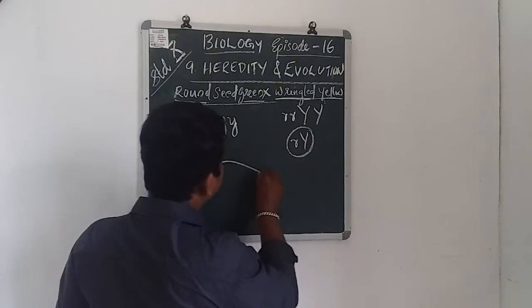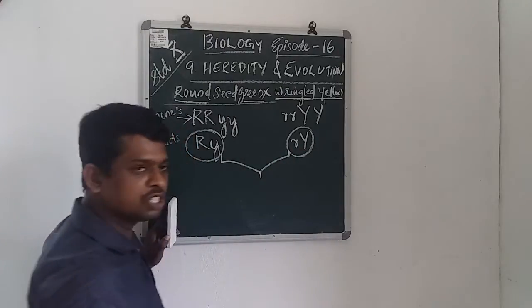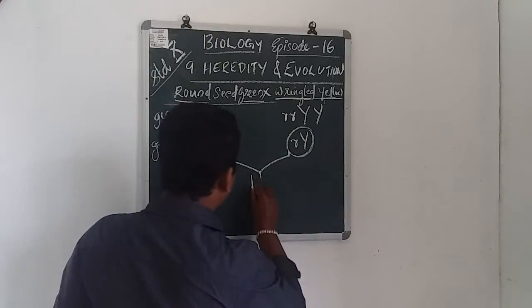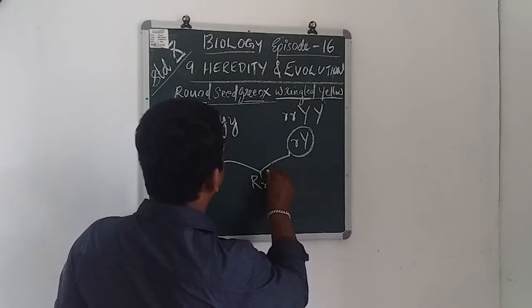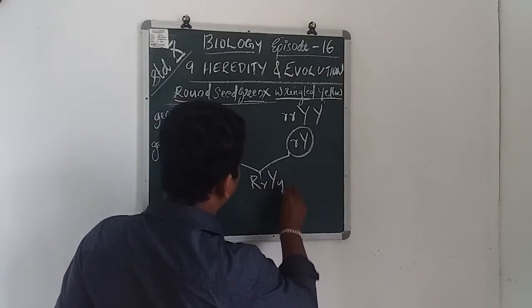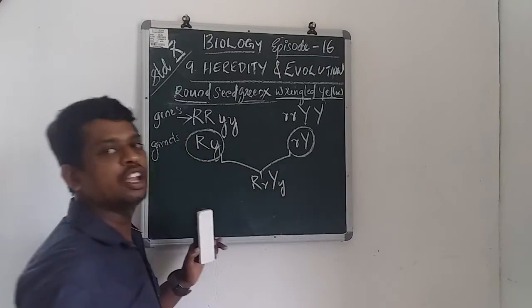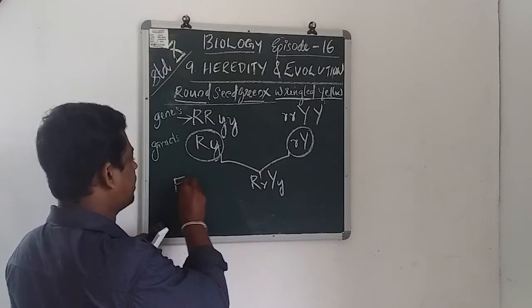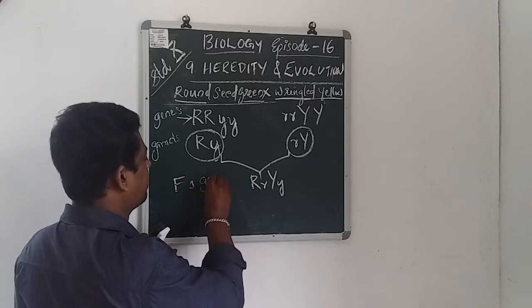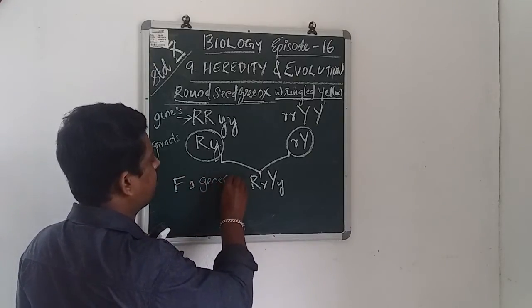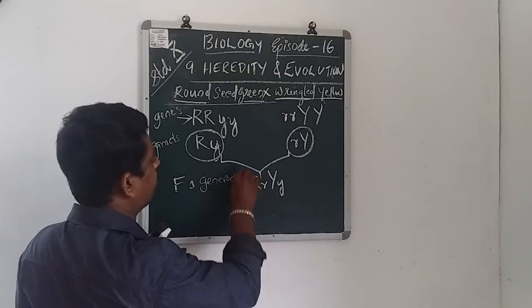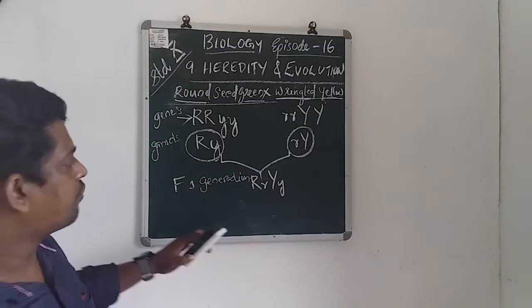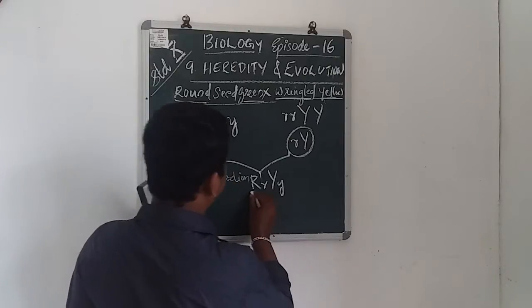They fuse with each other, that means crossing is possible. Capital R, small r, capital Y, small y is the F1 generation.